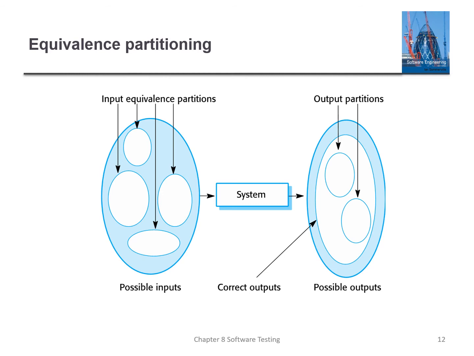And then from the output also, you can choose one from here and one from there. Looking at this diagram, you don't have to have so many test cases for the output. You can only have two. By doing that, you are saving time rather than testing all possible inputs.